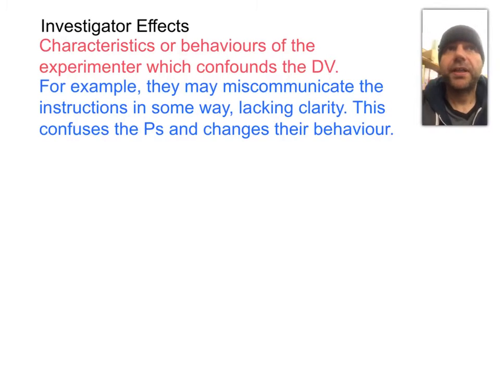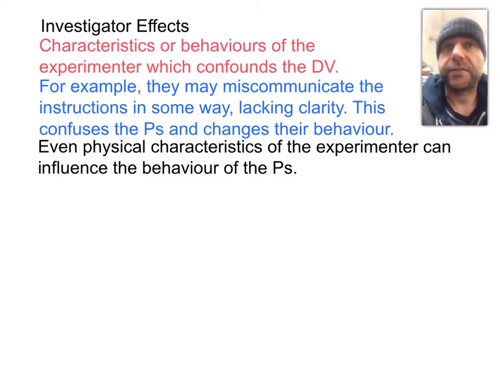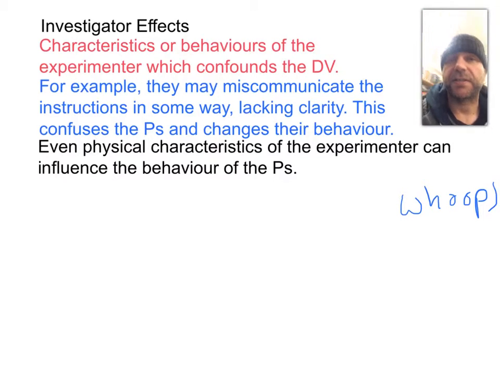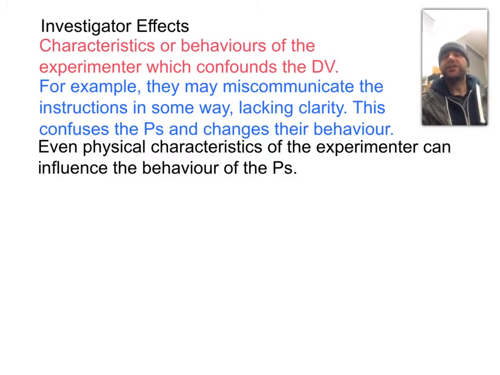Or it might be that the experimenter is super attractive and the participants really want to do well for that experimenter. All of these are experimenter effects, and they can change the behaviour of the participants.